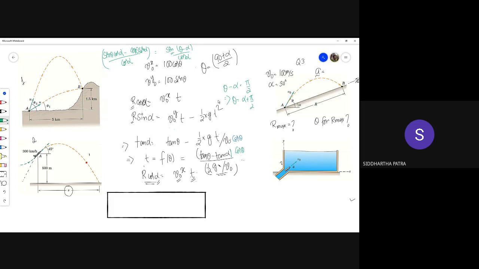Why is there a mismatch? Is this incorrect over here? Is this expression incorrect? Oh, is that so?